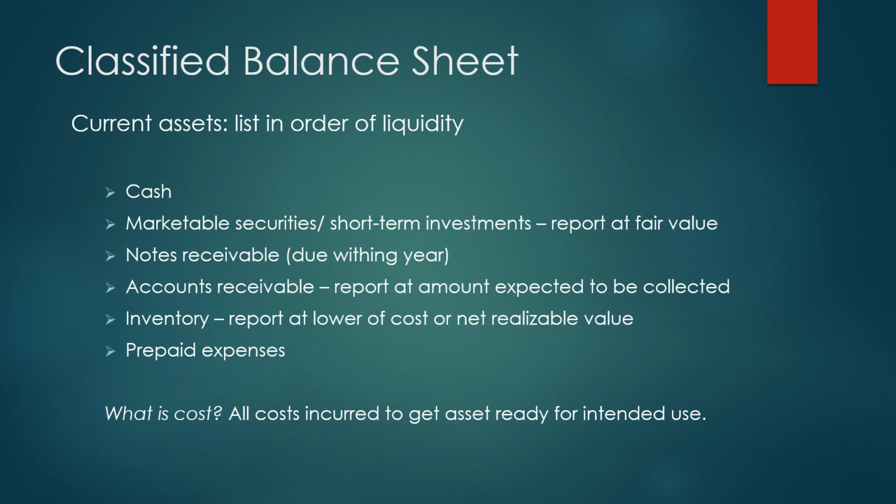We want to remember for all assets, cost is all cost incurred to get the asset ready for its intended use. So for marketable securities, the initial cost would include any commissions that you paid. For inventory, it would be your cost of your inventory plus any freight in that you paid minus any discounts that you took.